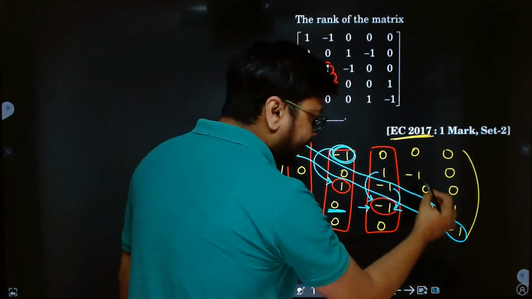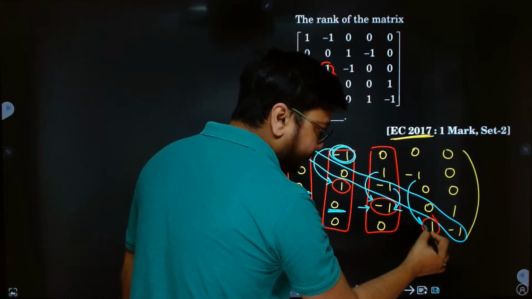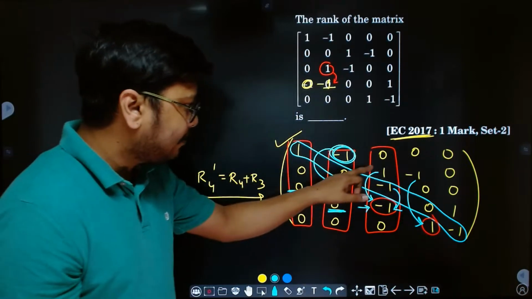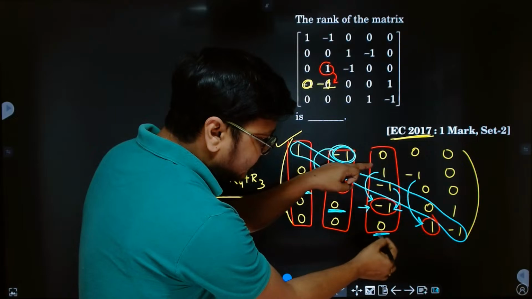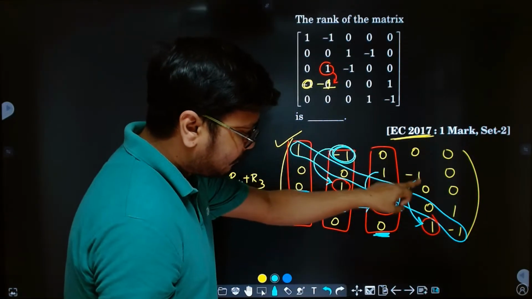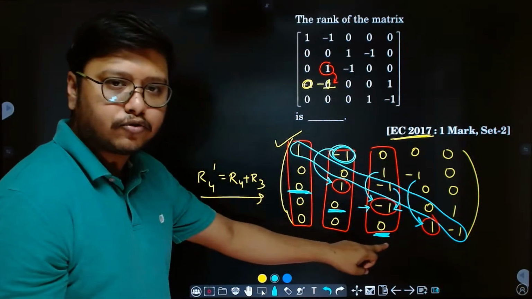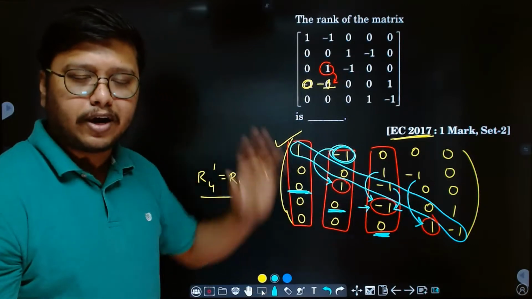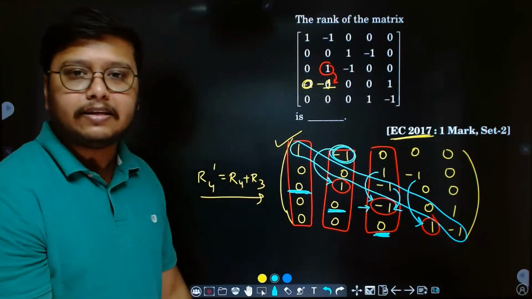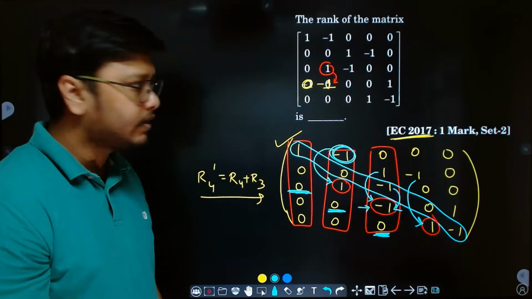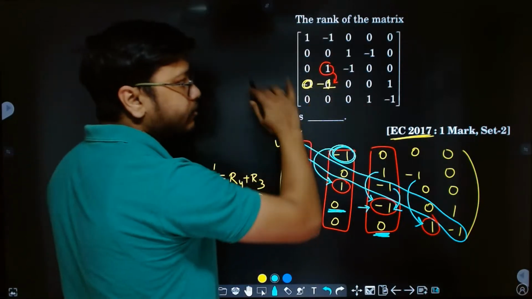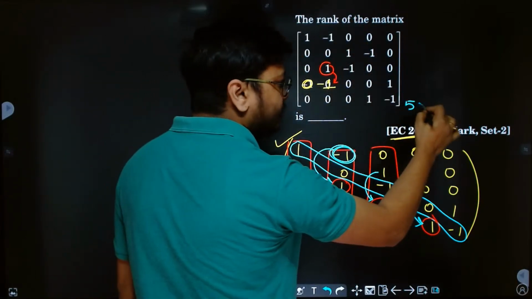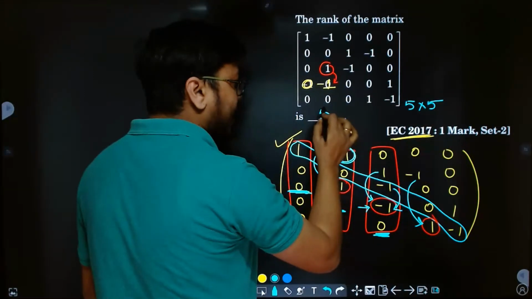So that means I cannot make anything completely 0 over here. It's not possible. Okay, so that means this matrix has a full rank. Full rank means its order is 5 cross 5. Its rank is also 5.